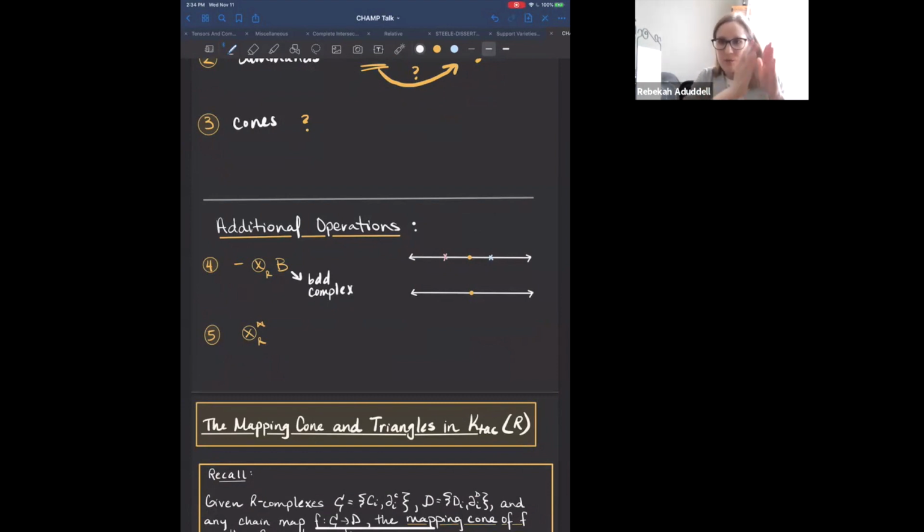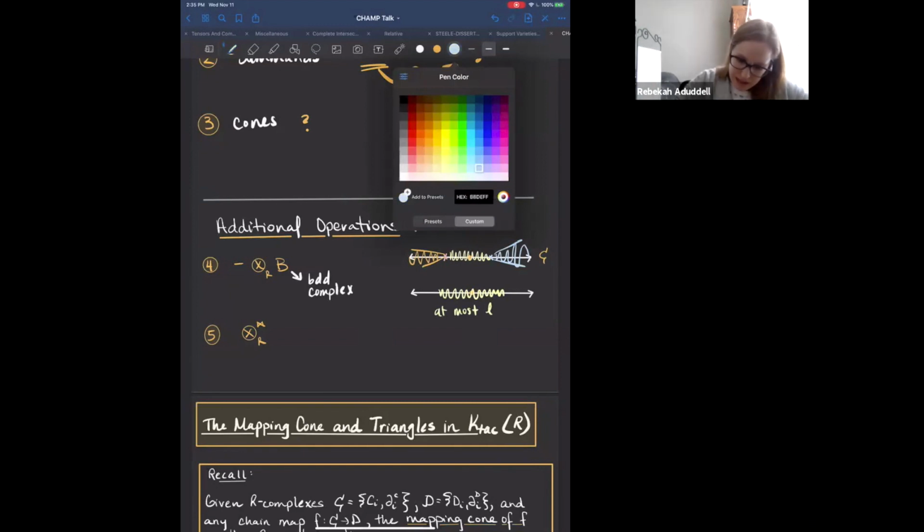If you take a bounded complex where you have consecutively non-zero modules, and call the number of consecutively non-zero modules the length L, then if in our original complex we have the critical degree, that would be a bound in that case.